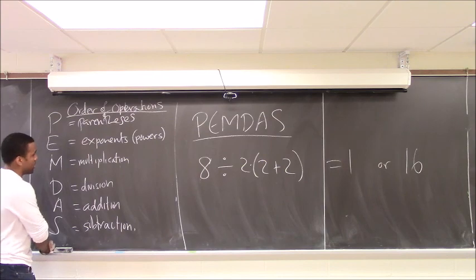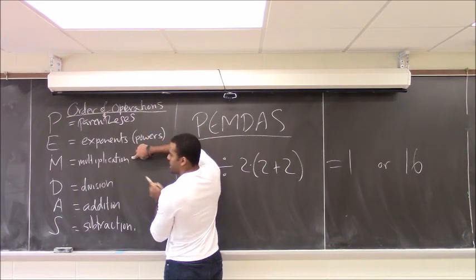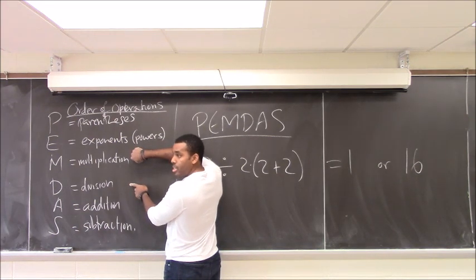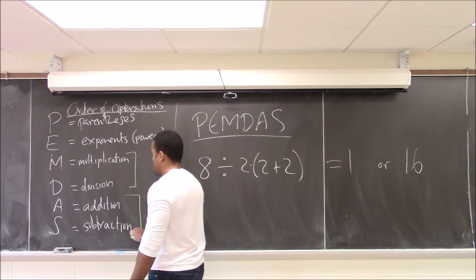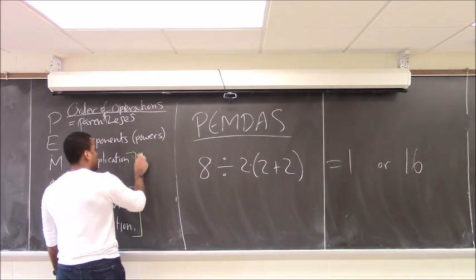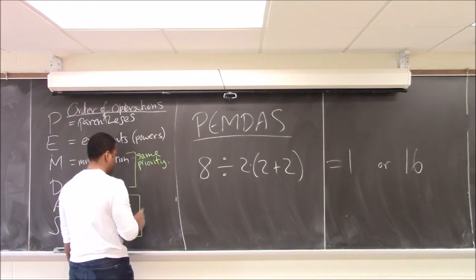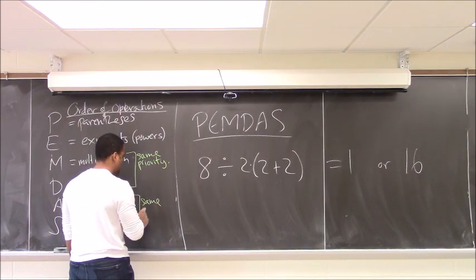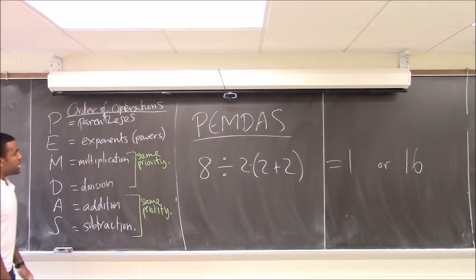Here's what people often forget. People often think that multiplication always supersedes division. This is not true. These two, those pairs, have the same priority. Meaning, unless indicated by parentheses, you apply them left to right.